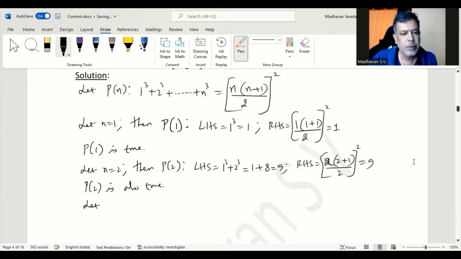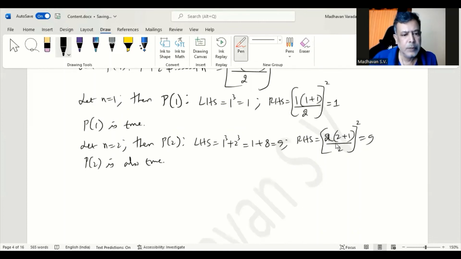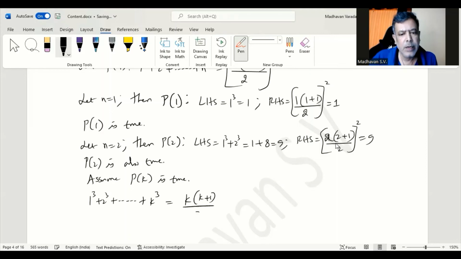Now let us assume P of K is true, which means we will have 1 cube plus 2 cube plus and so on up to K cube equal to K into K plus 1 divided by 2, the whole square.